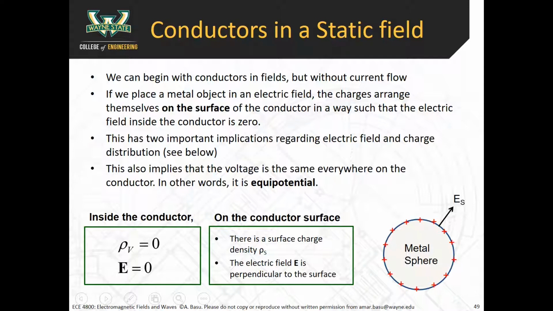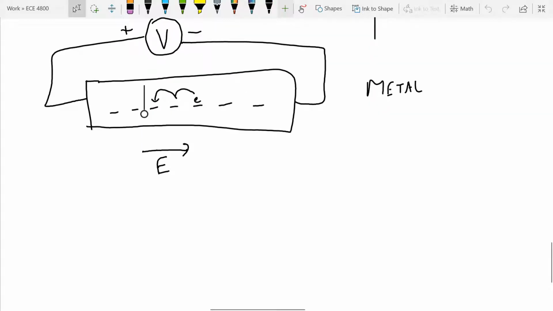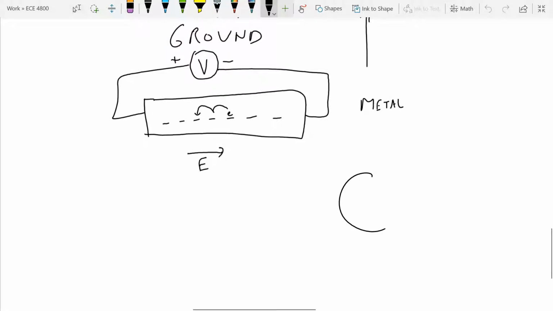Exactly. Did you guys see this? Intuition is very important here. If the charges can move, those charges are going to move as far away from each other as possible, right? So let's say we somehow injected a bunch of charges into the center of a metal ball.